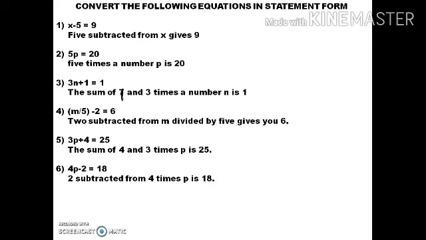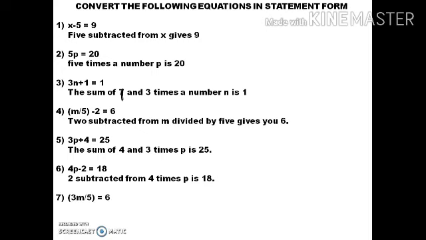Students, in a subtraction operation, you should take care of what comes after 'from'. Here, after 'from', what comes is the first term, that is 4 times p. 2 subtracted from 4 times p is 18.